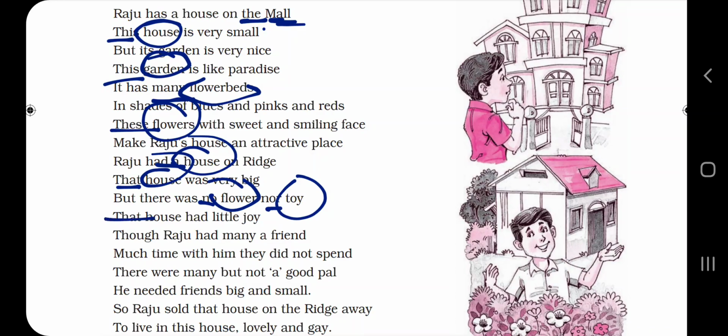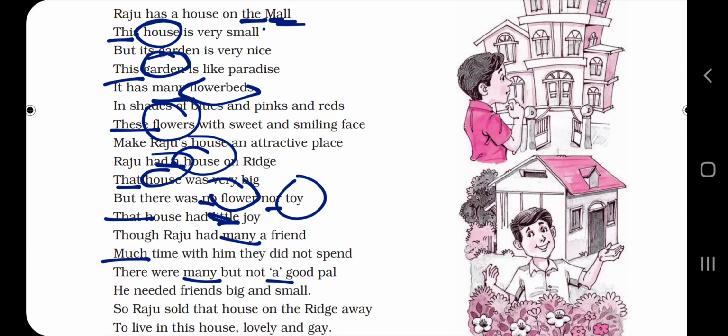had little joy. Little. Though Raju had many friends, much time with him they did not spend. There were many, but not a good pal.